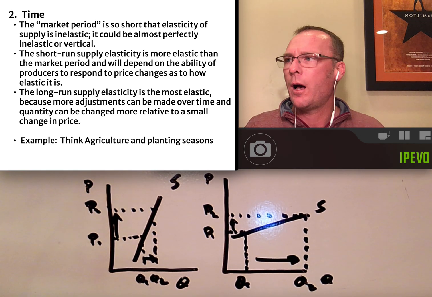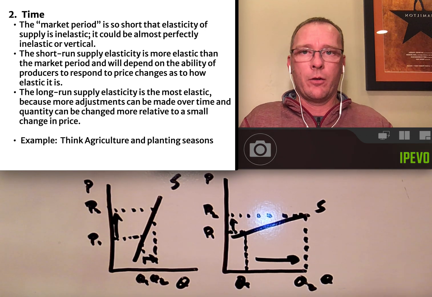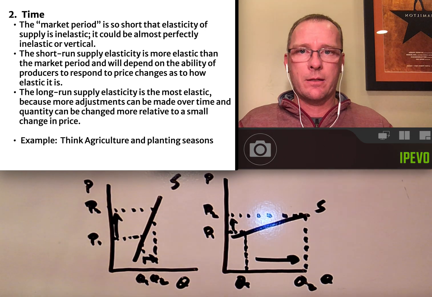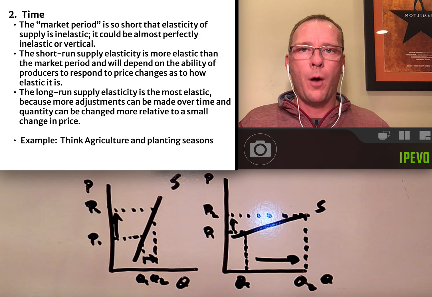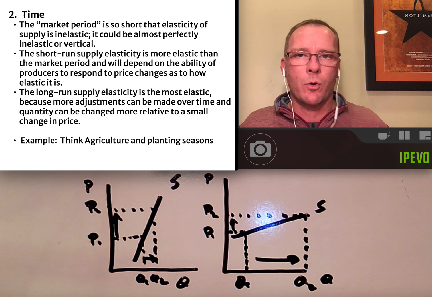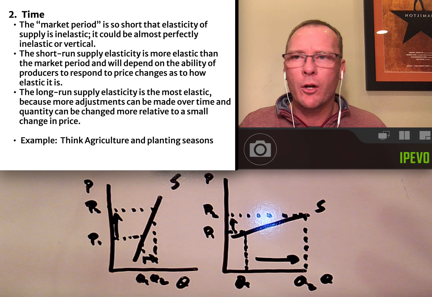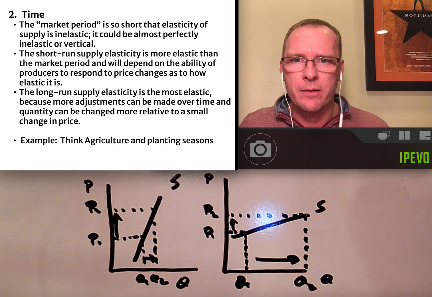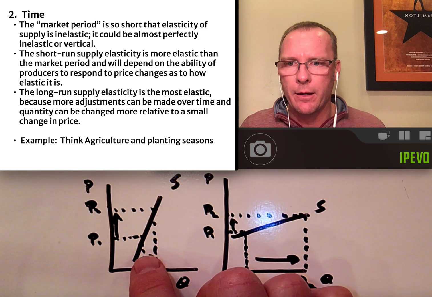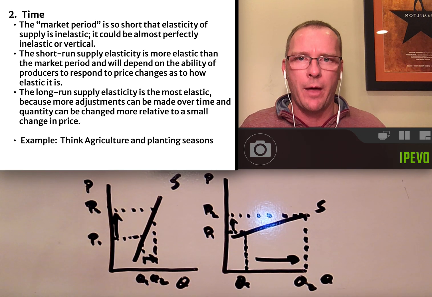If you planted corn, then you're kind of stuck. Your land has corn, right? That's your fixed sort of variable here. All of a sudden, if soybeans goes way up in price, well, guess what? I can't grow soybeans. I just planted corn, right? Now, could you plow up some of the corn quick and try to plant some soybeans because you saw the price go up? Maybe, but it's going to be super hard to do that. Odds are you're not going to be able to do that, right?